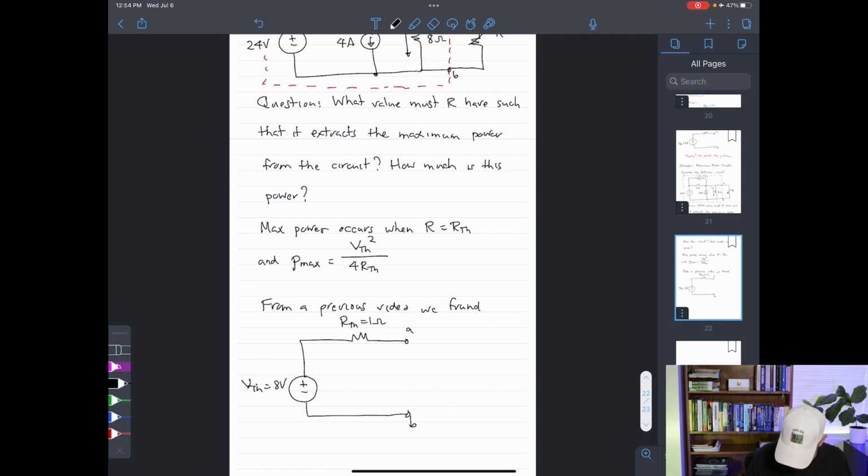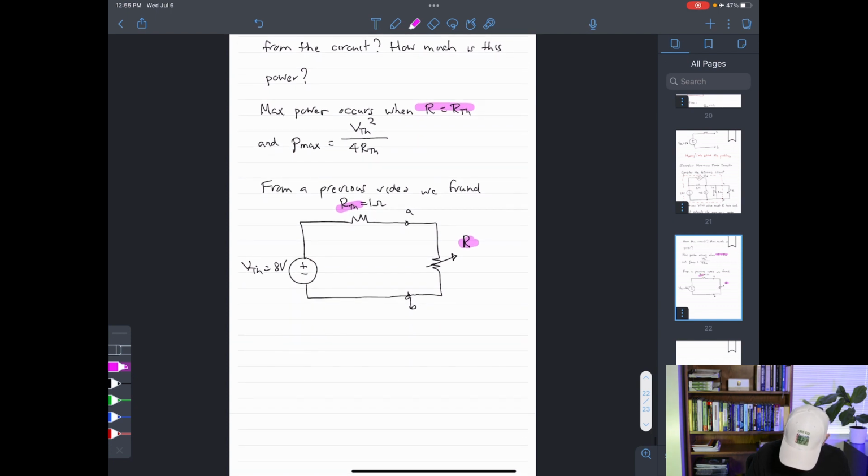So here, we still have our variable resistor there, like this, right? And according to the theorem that we just stated, max power transfer occurs when the value of this variable resistor has the same value as this Thevenin resistance. So we solved the first part of the problem.